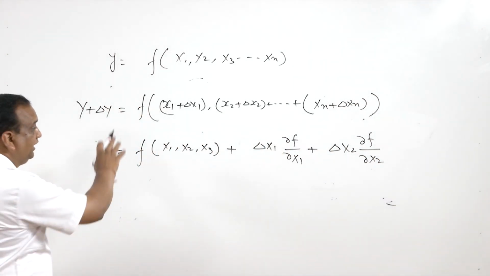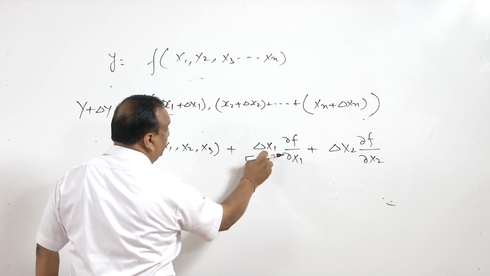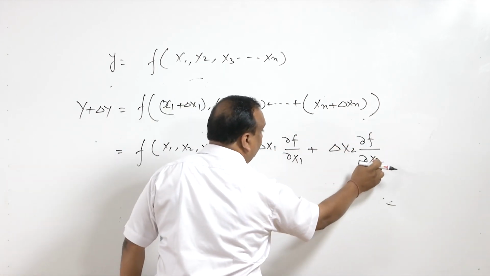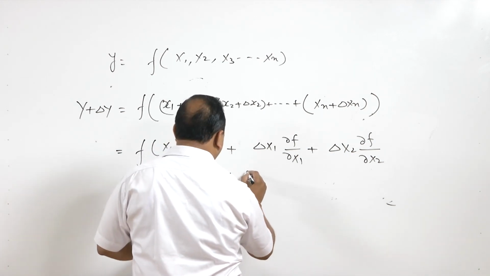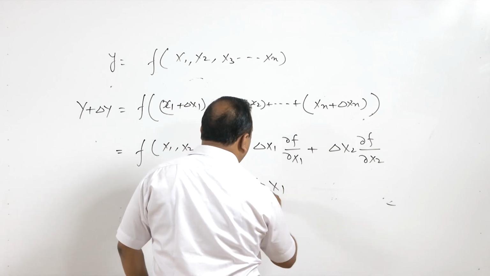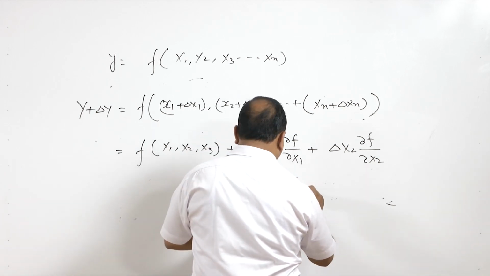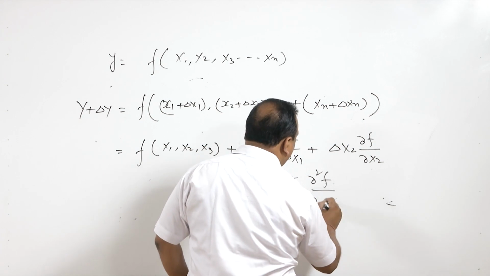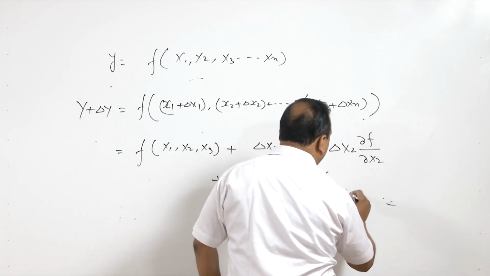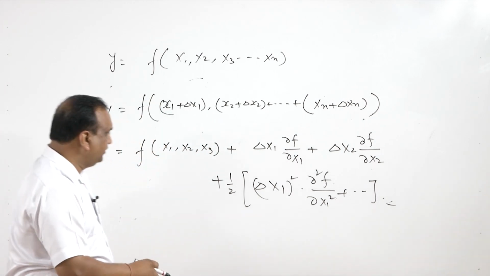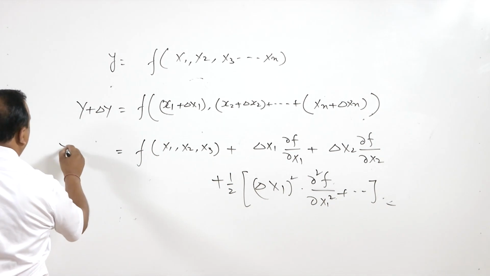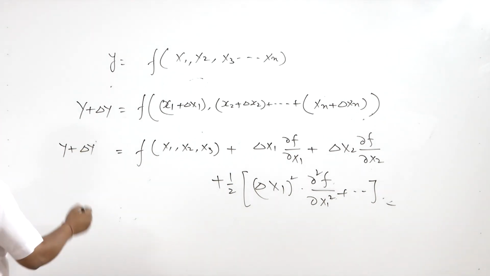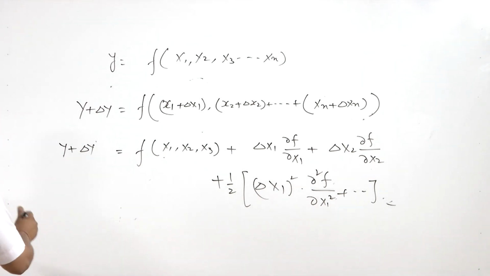Right? So this function is partially differentiated with respect to x1 and multiplied by delta x1, partially differentiated with respect to x2 and multiplied by delta x2, plus half. We can continue with this series, delta x1 square del square f by del x1 square, plus and so on. But these higher order values will be neglected. And now we have y plus delta y. So this y and this f will be cancelled.